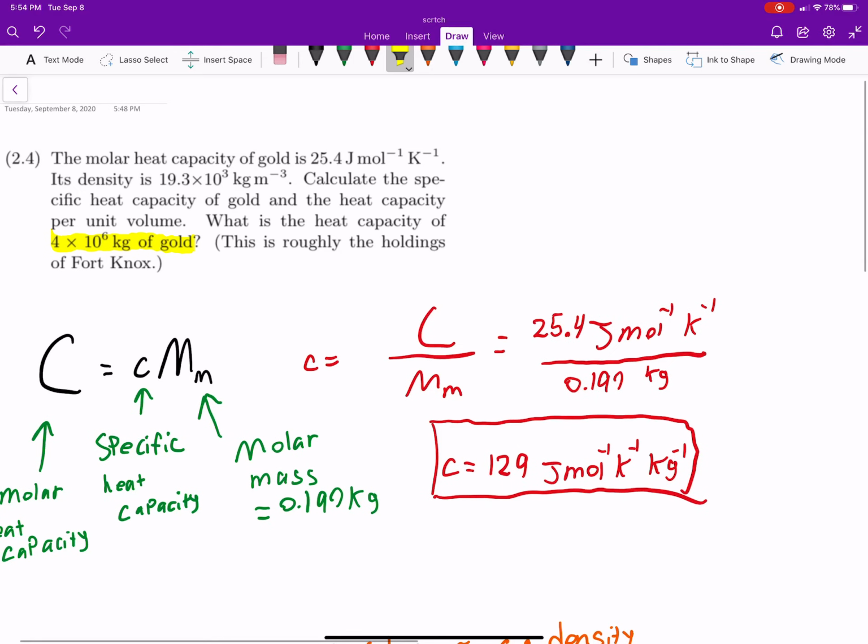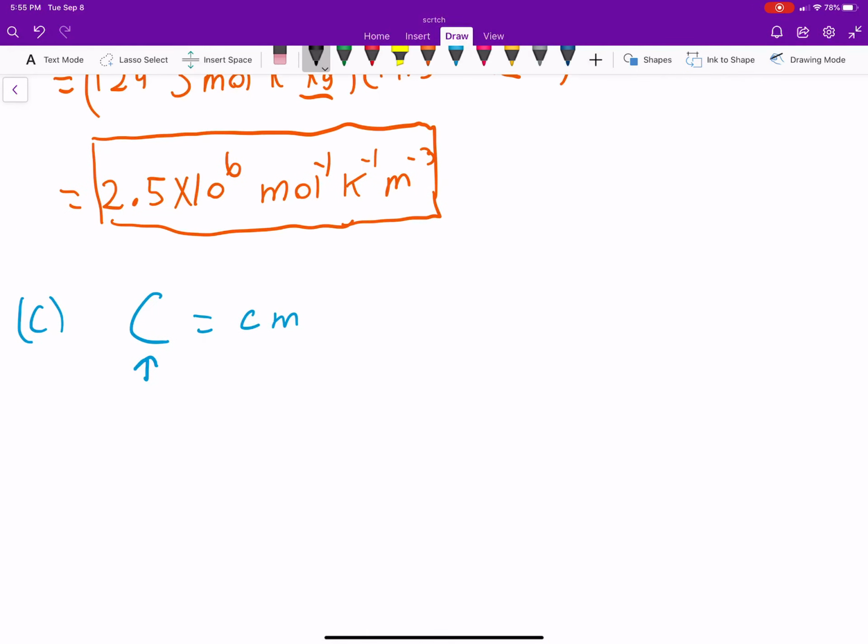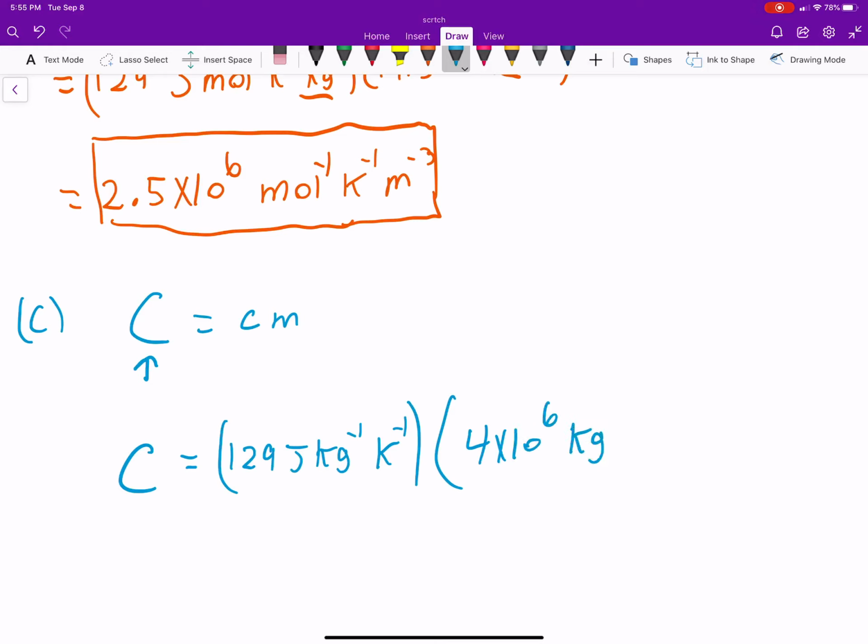And again, in part A, we calculated the specific heat. So big C is 129 joules per kilogram per Kelvin times the mass, which they gave us as 4 times 10 to the 6 kilograms. The kilograms will drop, and you should get 5.16 times 10 to the 8th joules per Kelvin.